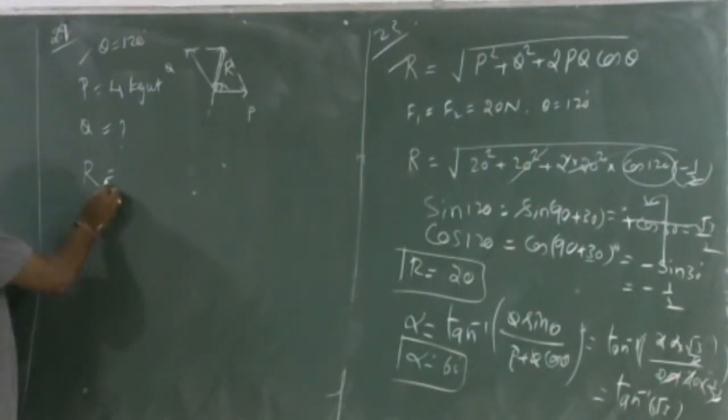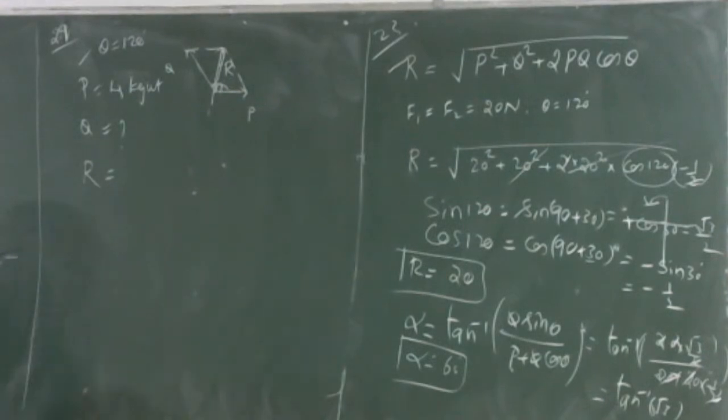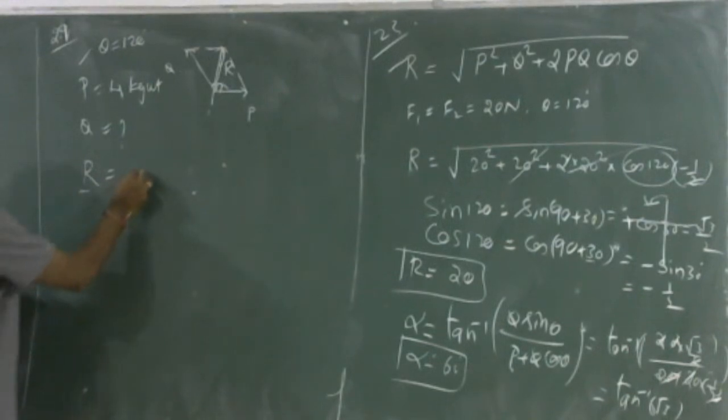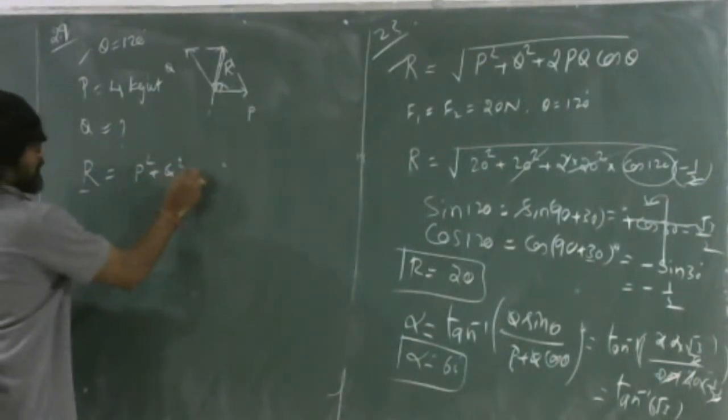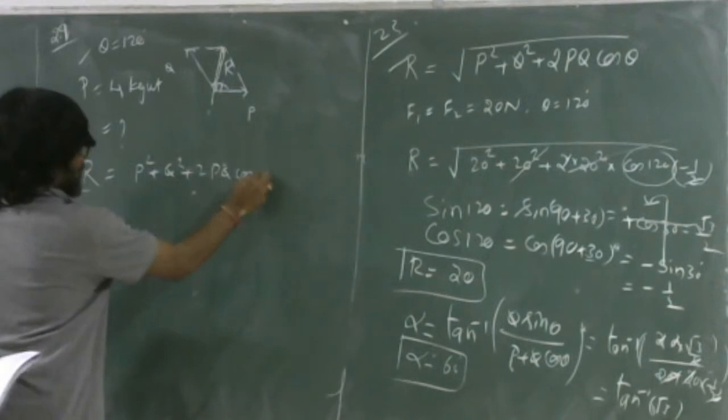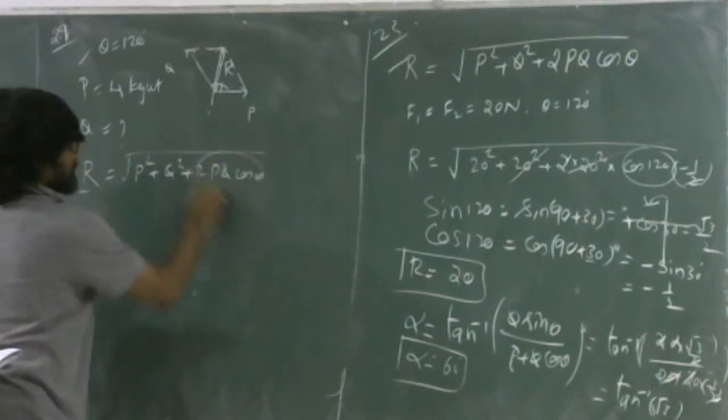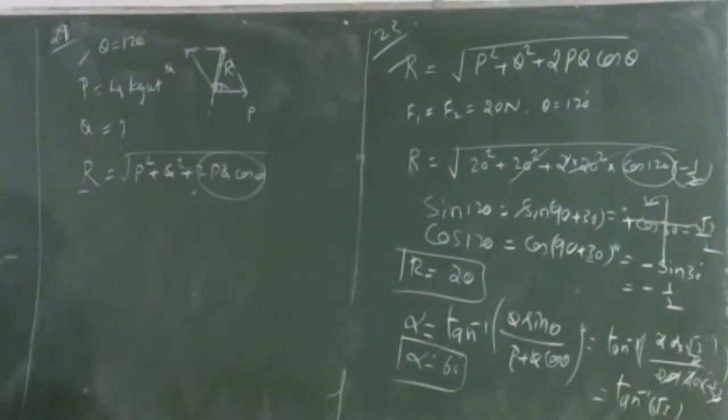So then what do you get here? It is not mentioned that the relation is between the resultant and both vectors, only one of those vectors, right? You can take this as the square root of P square plus Q square plus 2PQ cos theta. This part will become 0. So P is given.